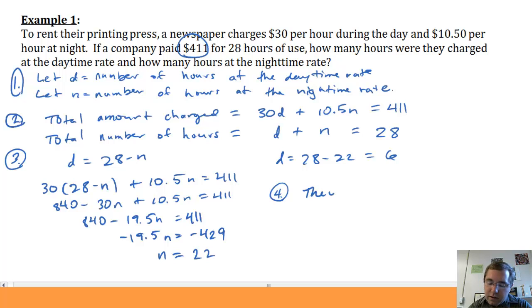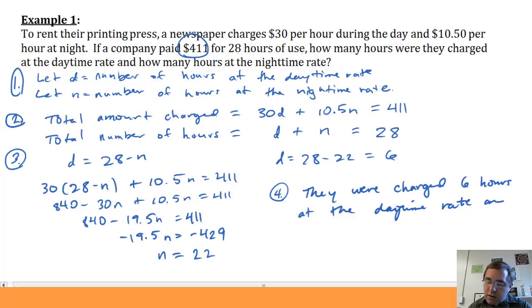They were charged 6 hours at the daytime rate and 22 hours at the nighttime rate.